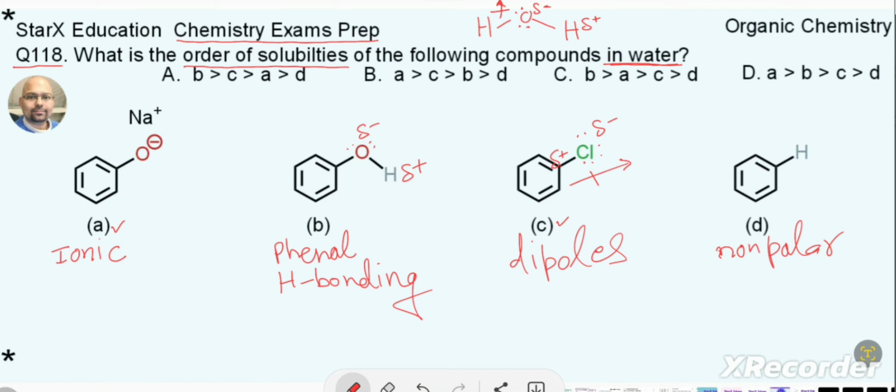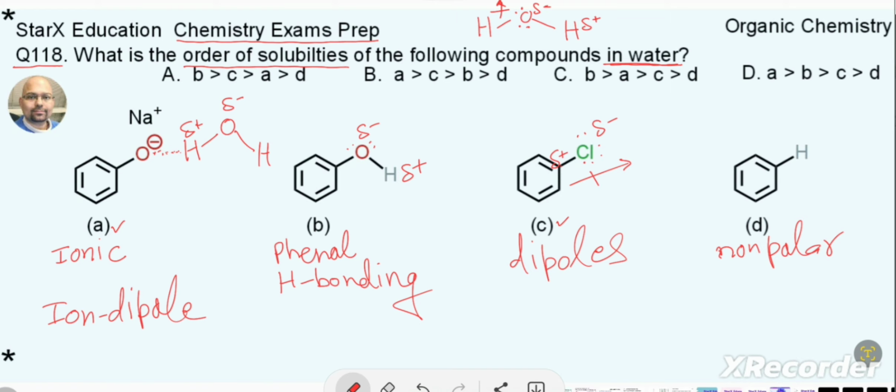So let's have a look at A. A is ionic. So the type of interaction that would form with the water would be ion-dipole interactions. So water has the dipole, and there is an ion in the phenoxide ion. Oxygen has a negative charge. So this is the interaction that is the most important for this species.